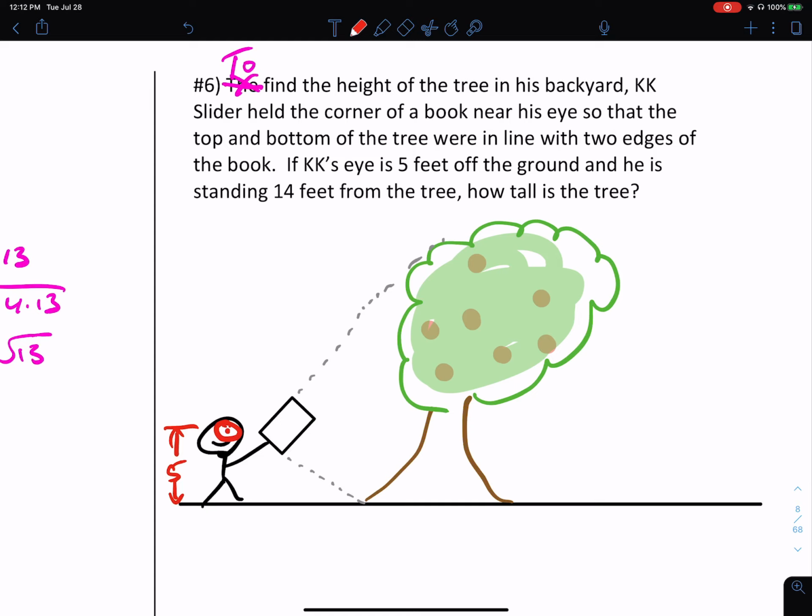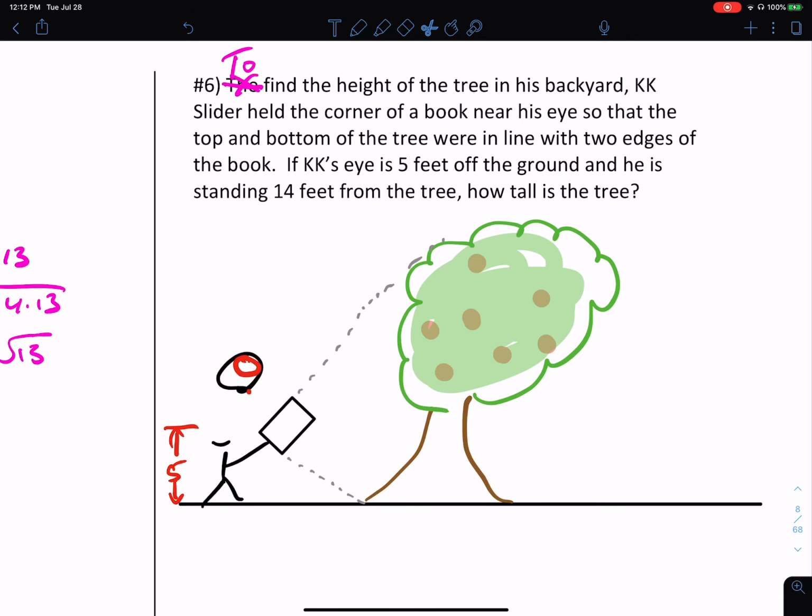And he is standing 14 feet from the tree. The distance he is from the tree is the perpendicular distance. So we're assuming that his eye is right on this book. So I've kind of maybe drew this a little wrong.